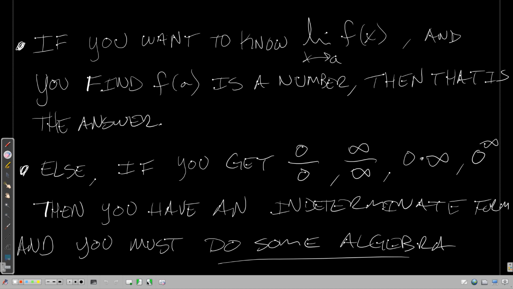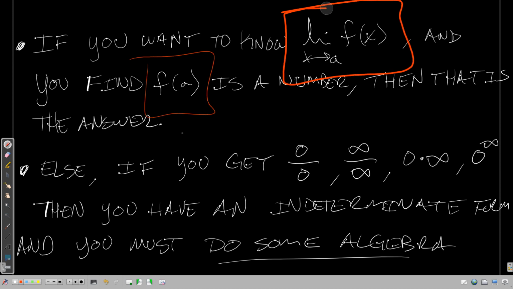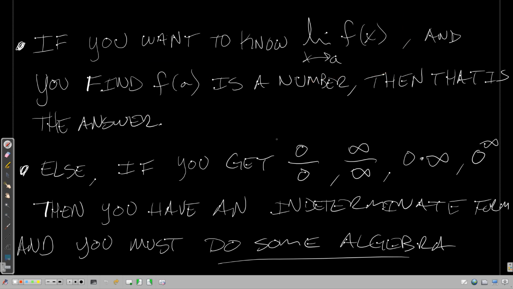And so that definition of continuity tells you that if you want to know what some limit is, just plug in the number a into the function. If you get a number back, then the function was continuous there, and that's your answer.